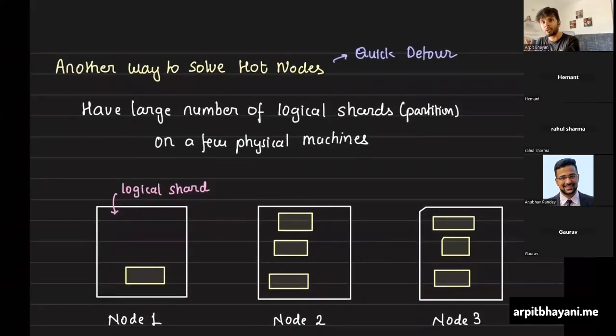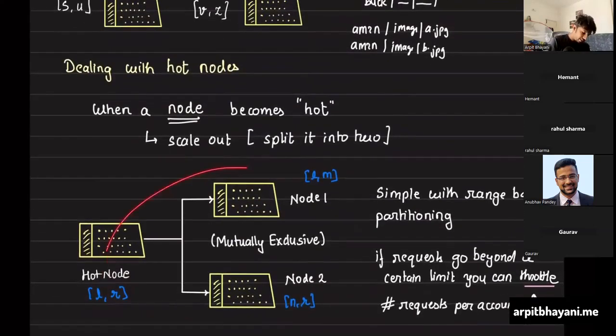It's a small detour from our discussion of S3, but it's important to understand how hot nodes are solved. This is how S3 does it, and almost all blob storage does it. If you go through the S3 documentation, they clearly say that they don't use any hash-based approach. They use range-based partitioning, and they arrange the data such that they get tenant isolation, so that load from one does not affect another.